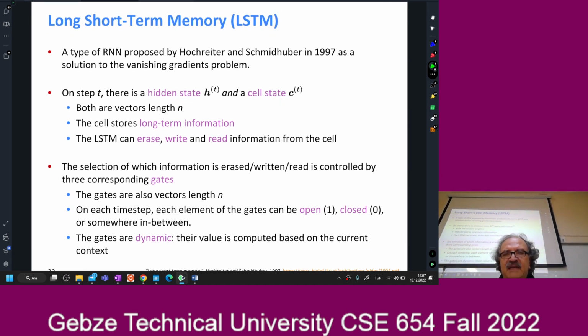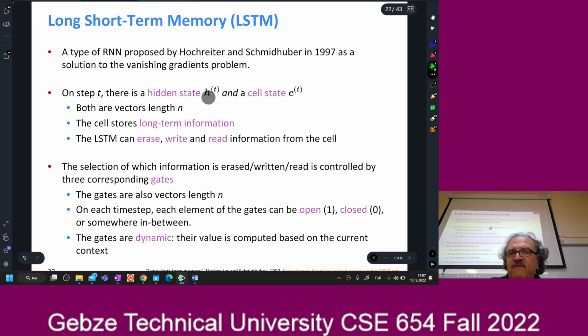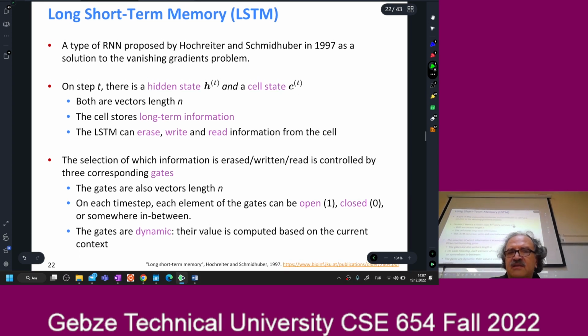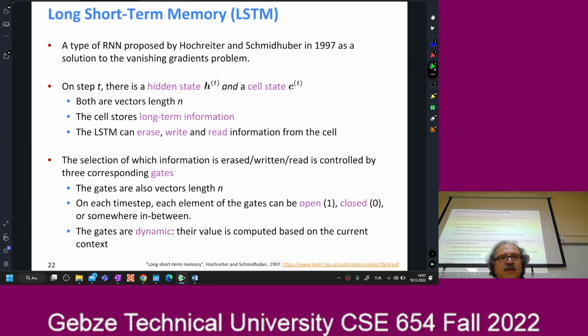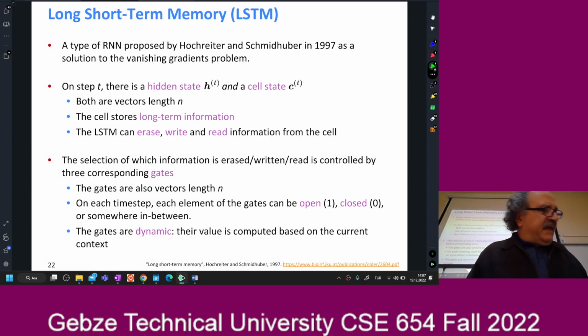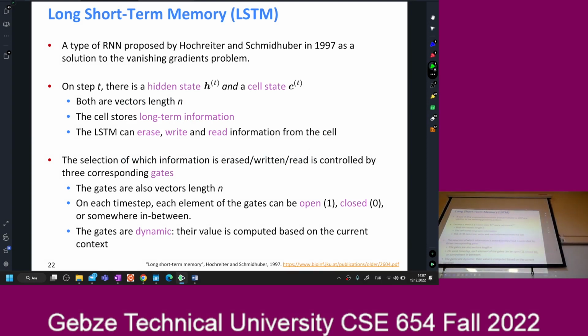Remember, in RNNs we have only the hidden state. Now we have the cell state, a second one. So there is one vector H, another vector C. Both are vectors of length n. The reason why we have the same vector length will be apparent in a few minutes.